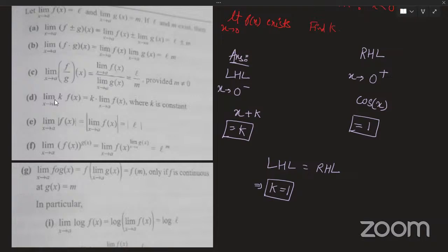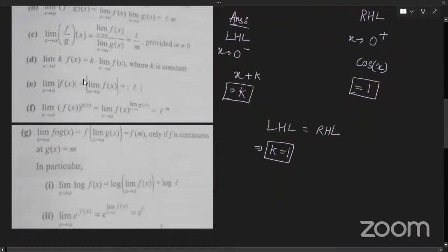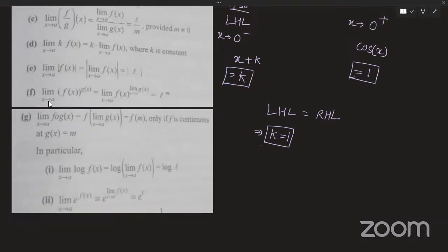Fine. Then we have multiplication with a constant. If we are multiplying a function with a constant k, this limit also gets multiplied. If we are taking the modulus, we can take the modulus on the limit also. If we have f of x raised to g of x, one function raised to another function, we can just take the individual limits and raise it to the power.